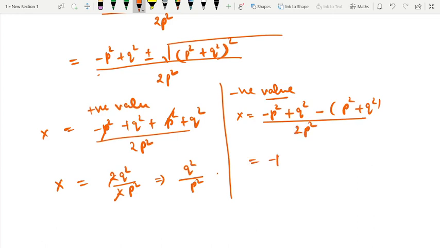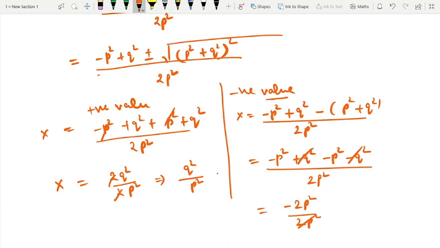So we can write minus p square plus q square minus p square minus q square divided by 2p square. So q square cancels out, so we can say minus 2p square divided by 2p square, so it cancels out, so the value of x is equal to minus 1. That is your answer.